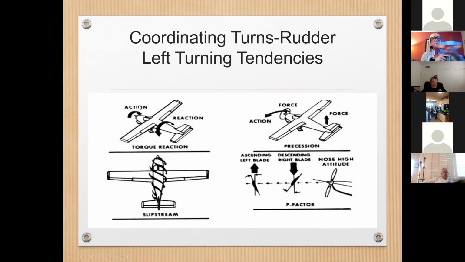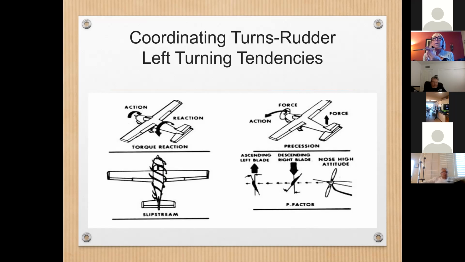With them spinning to the right, they want to force the nose of the airplane to the left. So what we're going to do is use right rudder to bring the nose of the airplane straight. So that is one of the left turning tendencies.